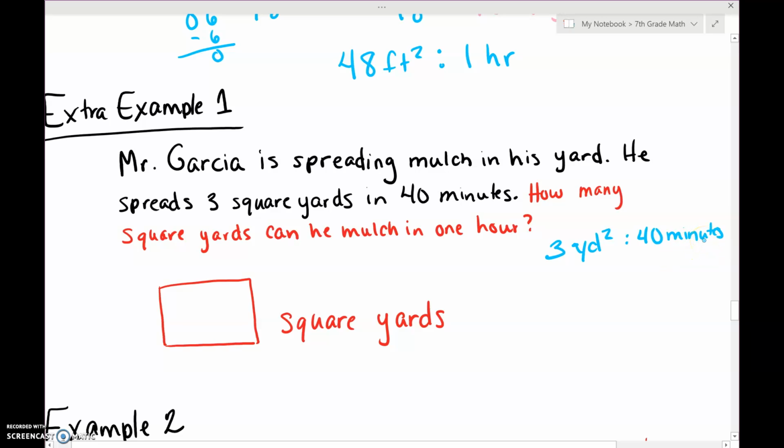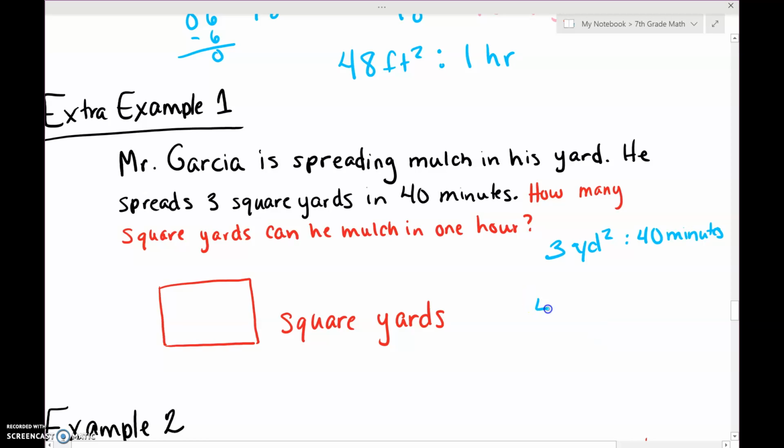Well, how many minutes do I know are in an hour? So if I take 40 minutes over 60 minutes, I can cross out those zeros because that's just dividing by 10. So now I have 4 over 6. Let me rewrite this so that it makes sense.